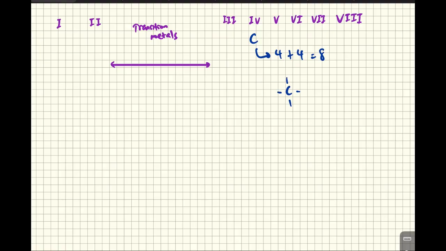For example, methane, which has the molecular formula CH4, or even ethane, a 2-carbon alkane, and you can see that the carbons in this molecule still form 4 bonds on each carbon itself.